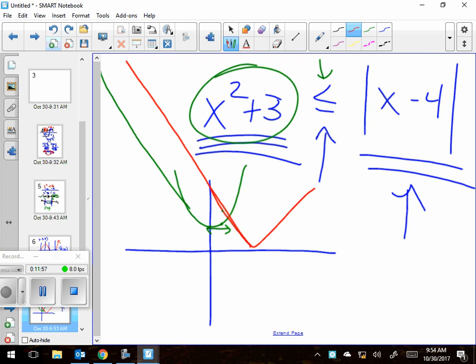So I think always, at any point, like say here, I follow it up, the parabola is lower than the absolute value. So it's only at this moment where they touch that they're equal to each other. Otherwise, all the way from negative infinity until wherever they touch would be the answer. All right.